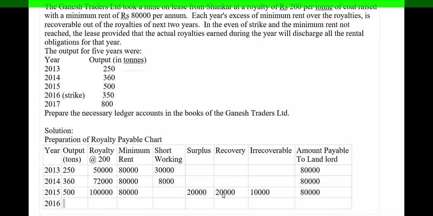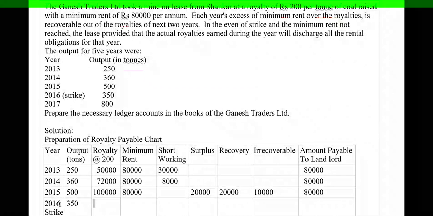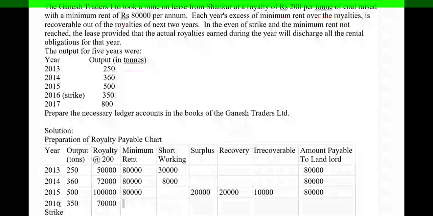And 2016, it is a strike year, so let me write down here as a strike. 350 is the output, so the royalty will be 70,000, and the minimum rent will be reduced to the actual royalty, so here it is 70,000.